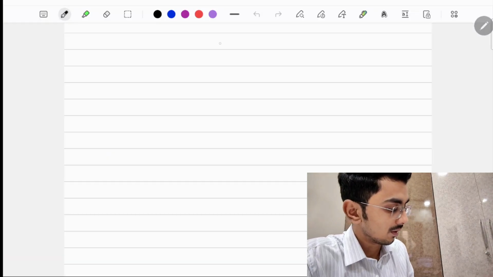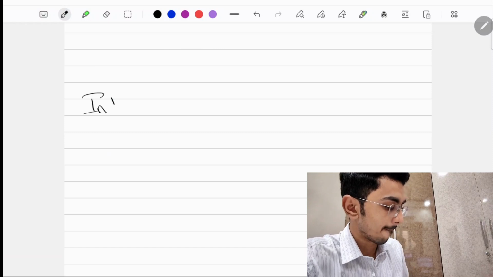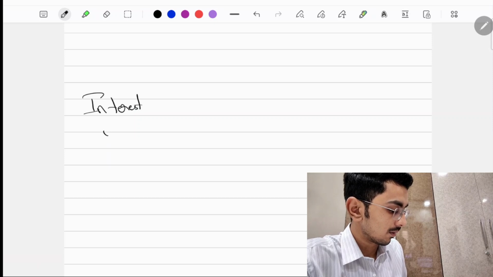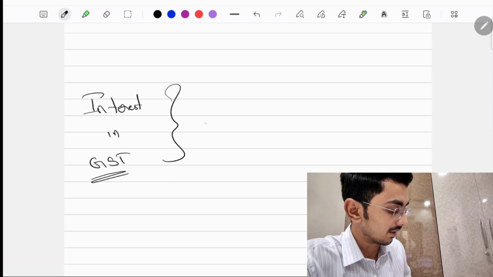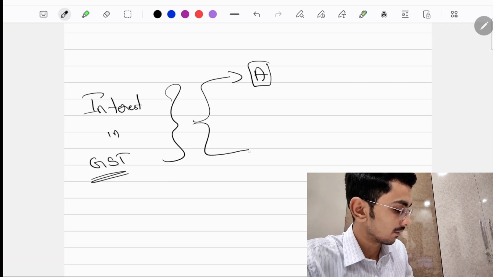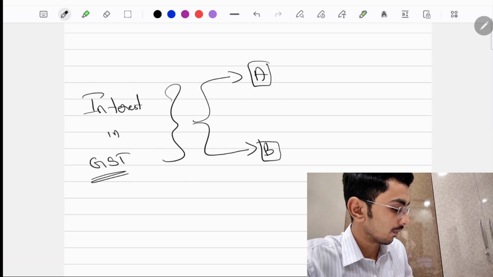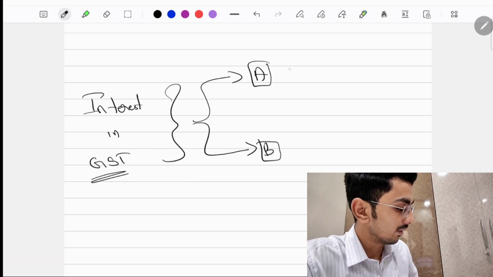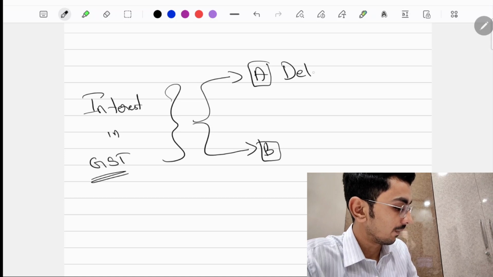First thing, interest. Interest in GST. Let's take the entire GST; there are two components: A and B. First component is delayed payment.